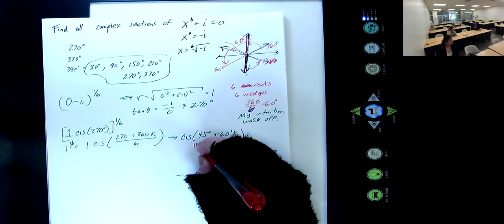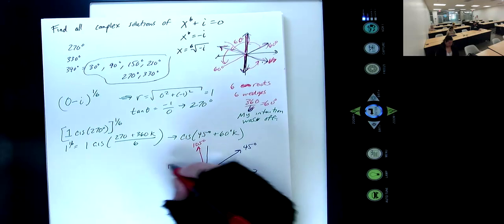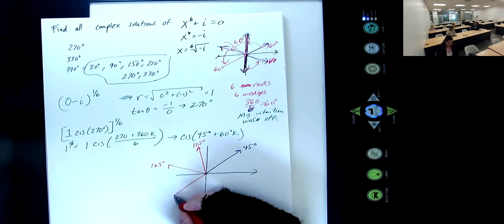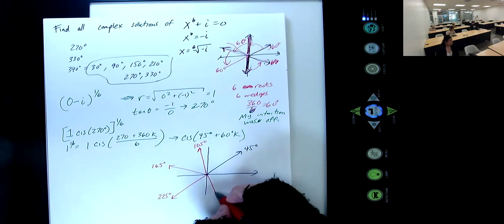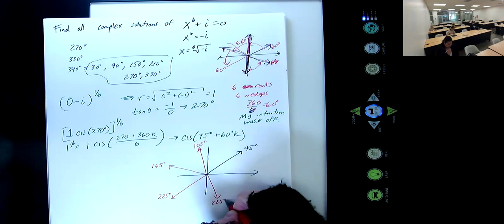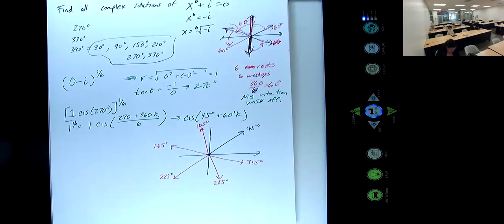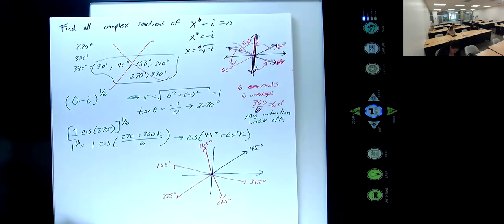So that would hit at 105, 165, 225, 285, and 345. That was wrong. My initial guess was off.